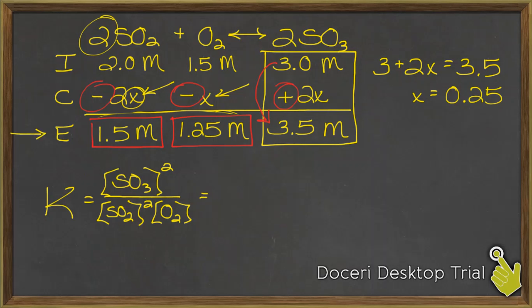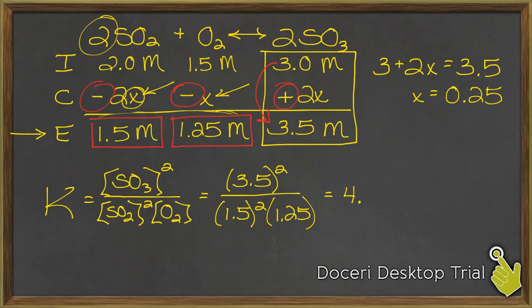And now I have values to plug in there, so let's do it. Don't forget to keep those exponents. 1.5 squared times 1.25. And when we plug that into the calculator, we're going to get something in this neighborhood. For our value for K, remember K is typically expressed with no units. So there is our final answer.